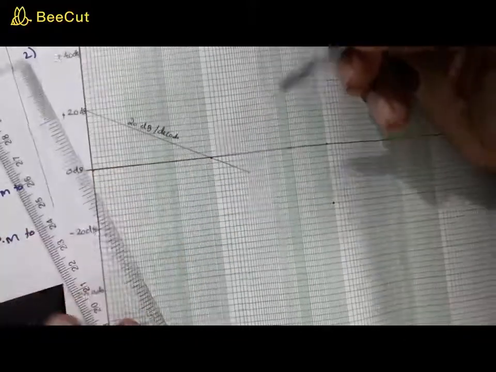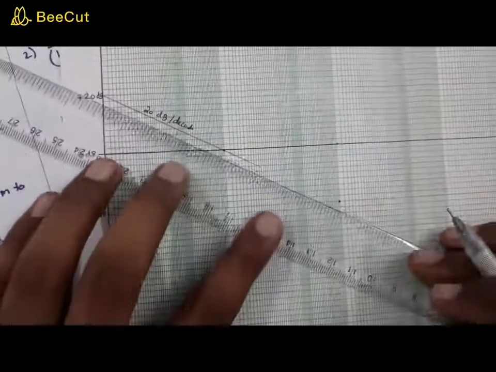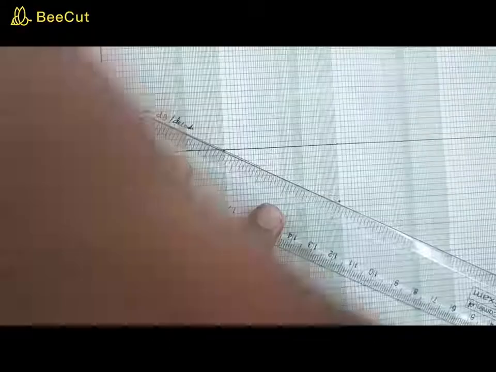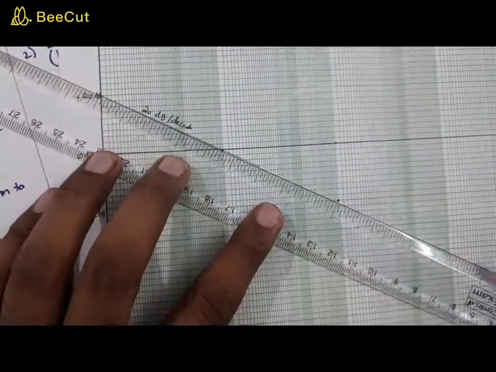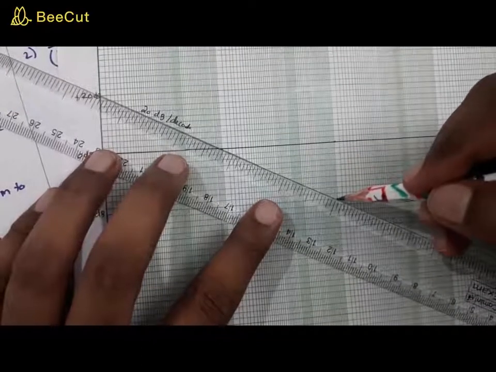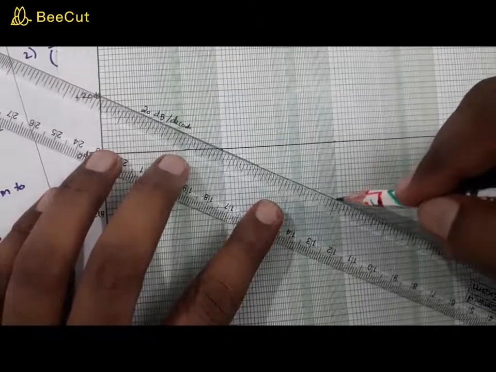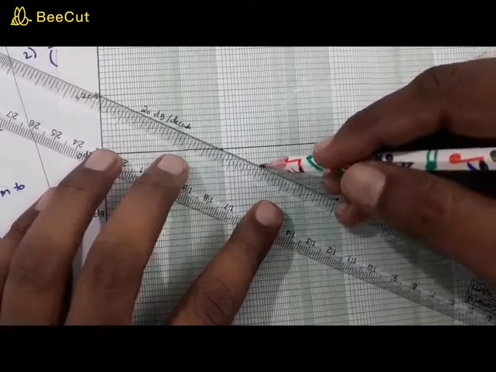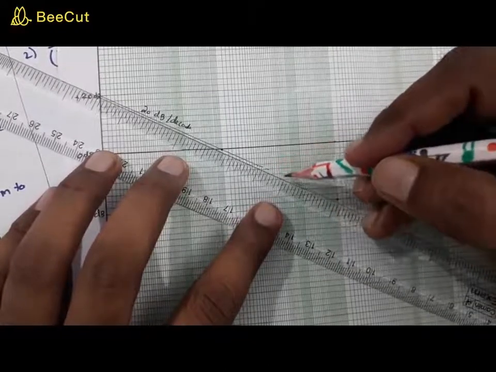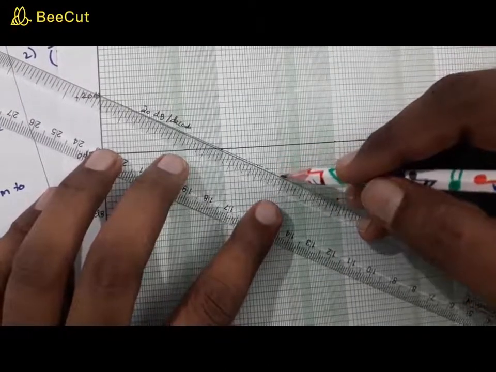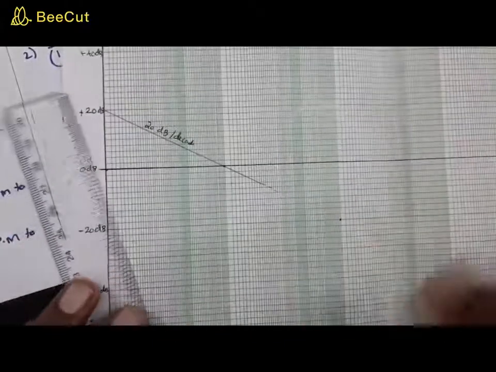Up to this point, right? So now we will have dotted lines after that. It goes on like that.